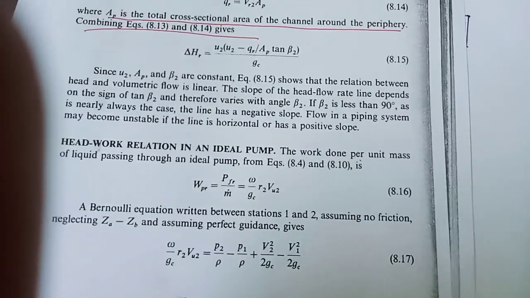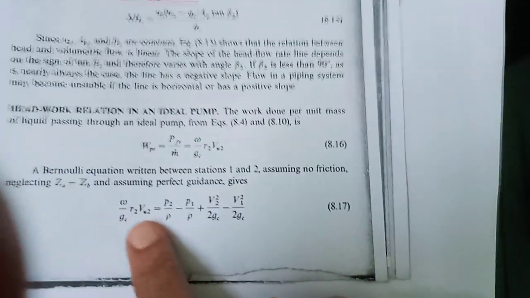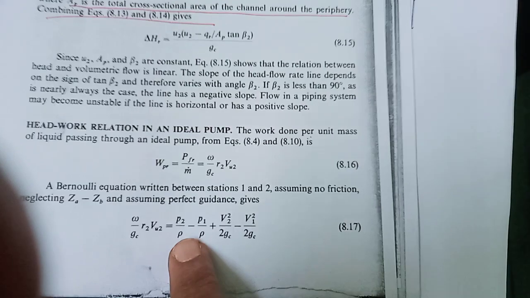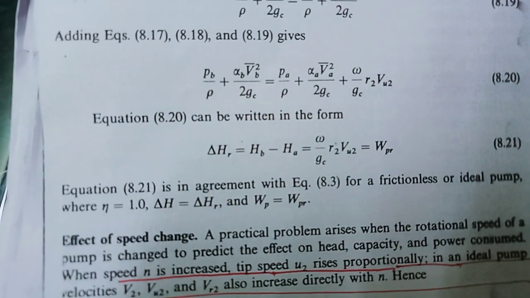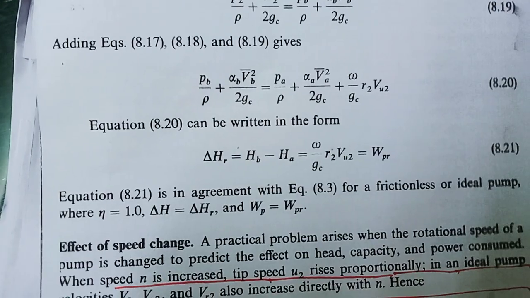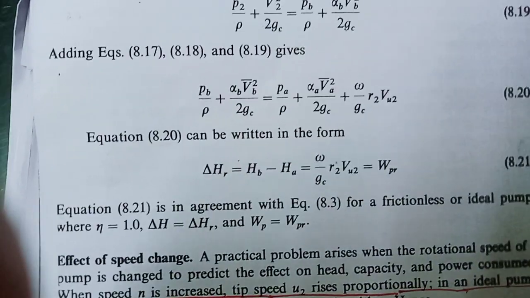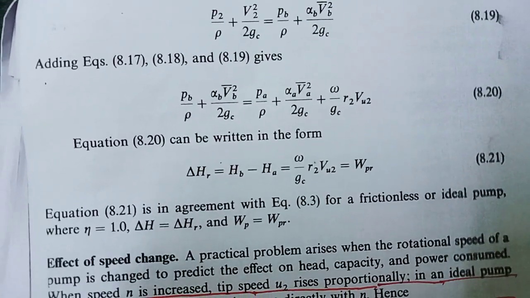Now again applying Bernoulli's equation to the pump, this is for condition 2, condition 1. This is the pump work. So the head developed is given by omega R2 VU2.